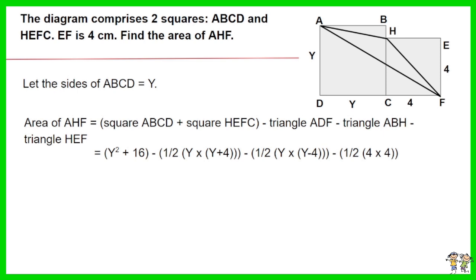Triangle ADF equals half times Y times the result of Y plus 4. Triangle ABH equals half times Y times the result of Y minus 4. Triangle HEF equals half of 4 times 4 equals 8. Work out the equation as shown. Area of AHF is 8 centimeters squared.